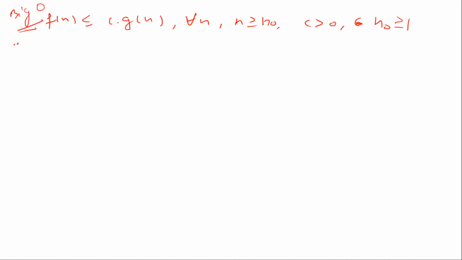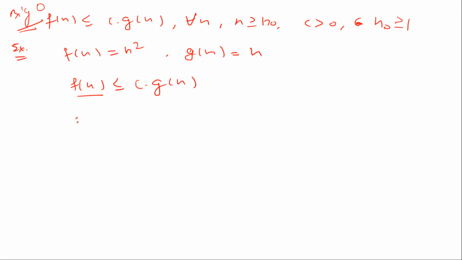Example: f(n) is n square and g(n) is n. We have to prove f(n) less than or equal to c dot g(n).